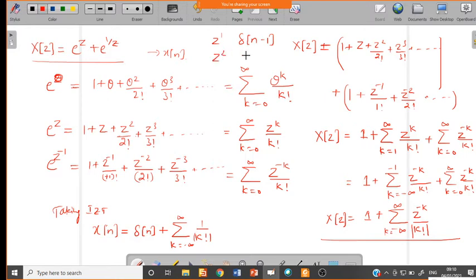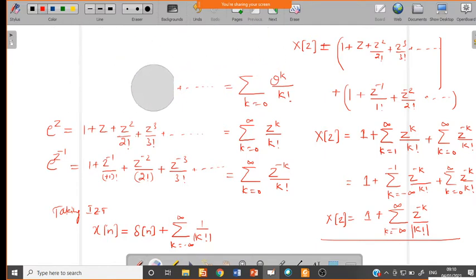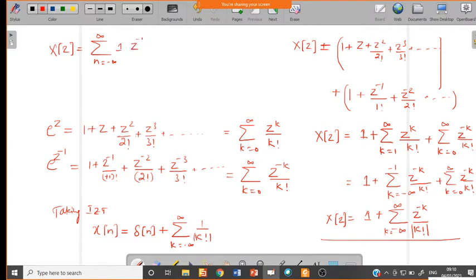Z power 2, del of n minus 2. So like that it will go on varying. If it is minus, we can better understand by taking the x of z equation. So we have this x of z, which is summation n equal to minus infinity to plus infinity, treating this x of n as 1 and z power minus n.